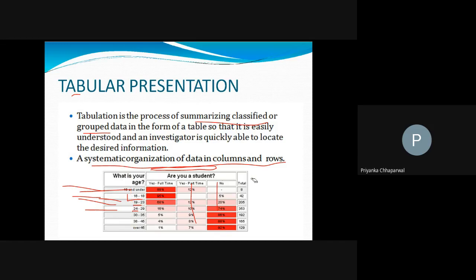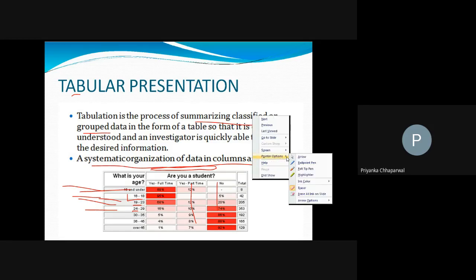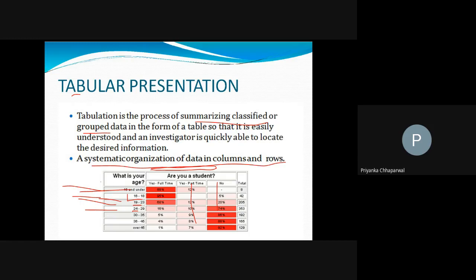So, what is your age? In this table, I am writing "What is your age." So "What is your age" means it is your box heading. It is known as the box heading. What is the meaning of this? It is your column heading.